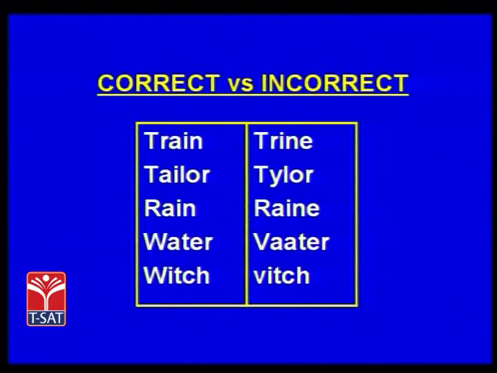Well, I'm sure now you can understand why it's important for us to get the sounds right so that you don't confuse anybody, nor do you get confused. Similarly, you're trying to tell someone that you're going to the tailor, but then you say Tyler. You don't know whether you're mentioning someone's name or someone's profession.